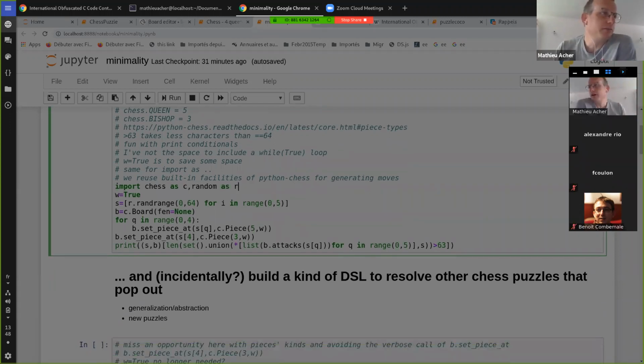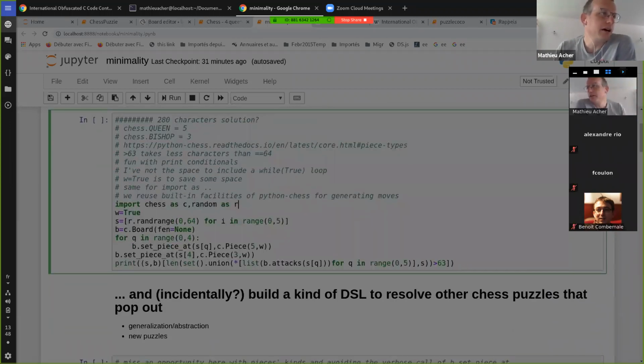So I can comment a bit. I have to save some space, right? And instead of calling chess.something, now I just have to call it C, which saves some characters.